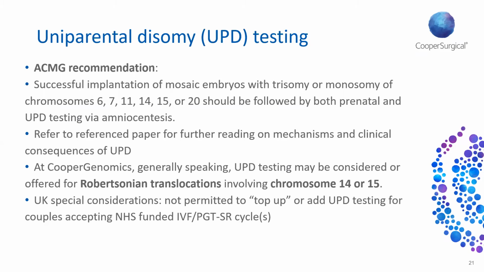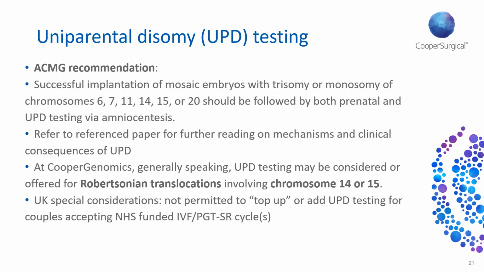So when I do counsel couples where there's a Robertsonian translocation involving chromosome 14 or chromosome 15, I will always be counseling about the chance of UPD. It is very, very rare. I really want to emphasize that today. In the medical literature, it says it's approximately less than 0.05, so less than 0.5% of live birth babies with UPD, either 14 or 15.